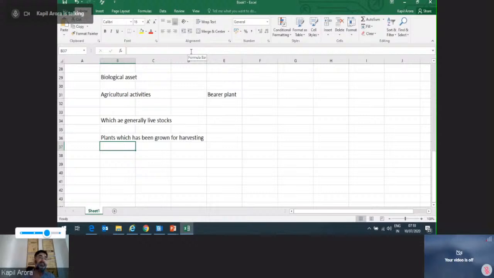It means if you want to grow wheat, rice, or sugar cane next year, you have to grow the plant from zero, right? You have to do the irrigation again, the cultivation, all the agricultural activities again, and you will grow the plant again.